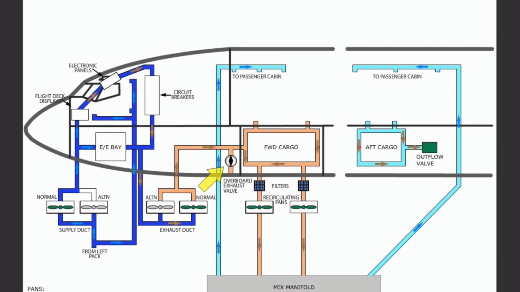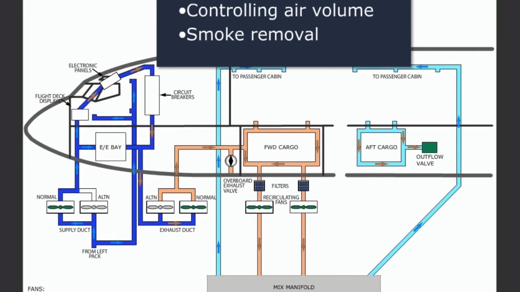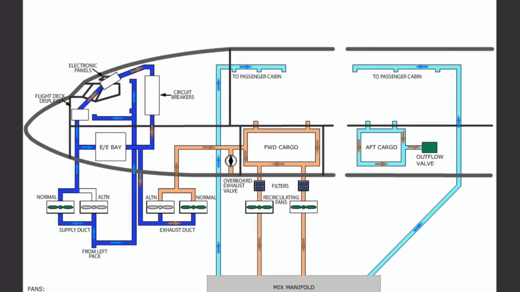The overboard exhaust valve is in the aft center portion of the E&E compartment. The overboard exhaust valve has two functions: controlling the quantity of equipment cooling exhaust air and assisting with smoke removal. On the ground, the overboard exhaust valve is full open.